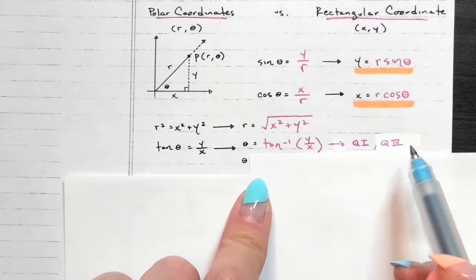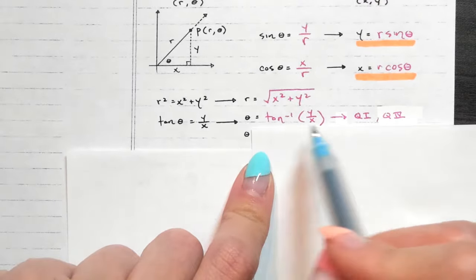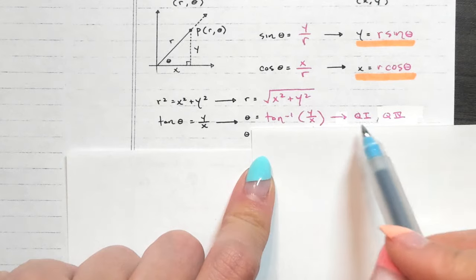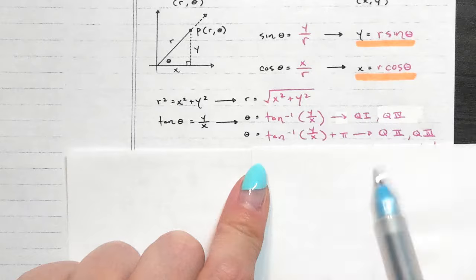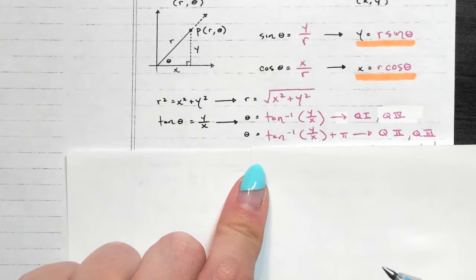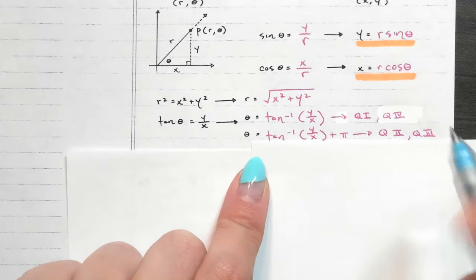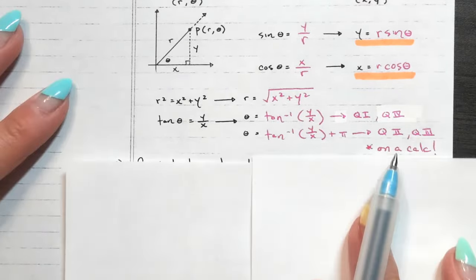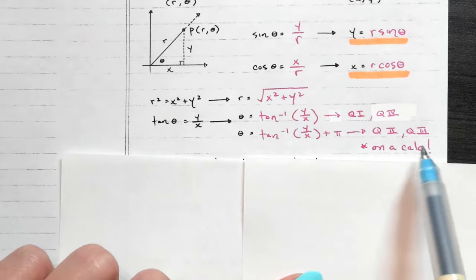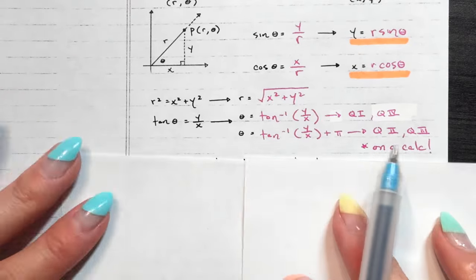But on a calculator, if we use tangent inverse, they only give you quadrant 1. So if you're in quadrant 2 or 3, remember we have to add pi to get to quadrant 2 or quadrant 3. So that's only for if we're on a calculator. Okay, I'll show you how this works.